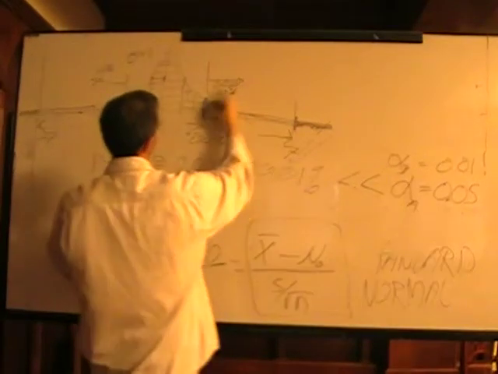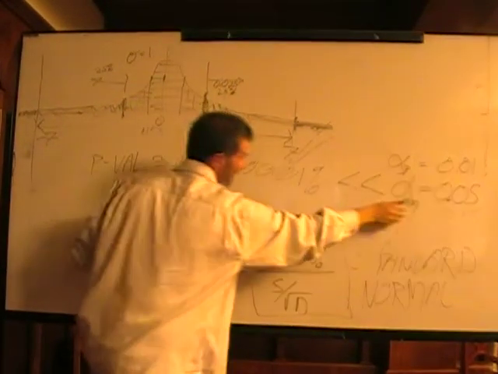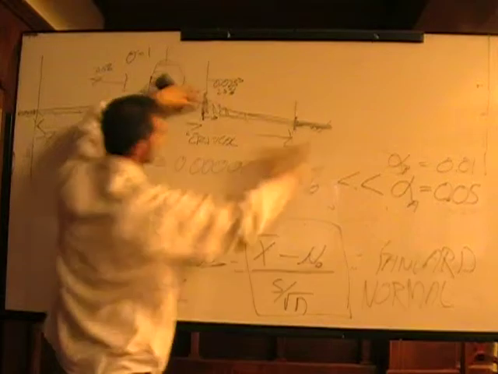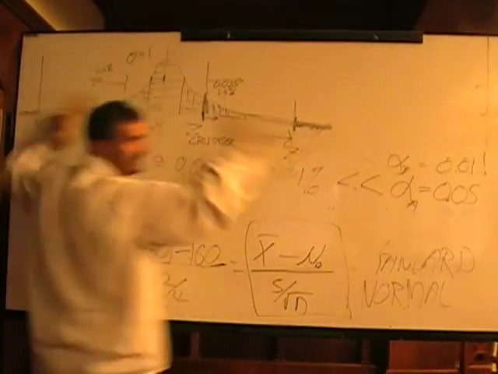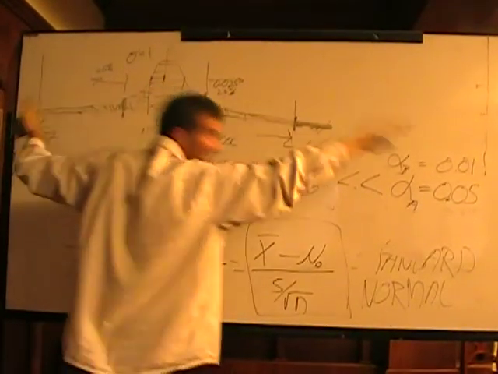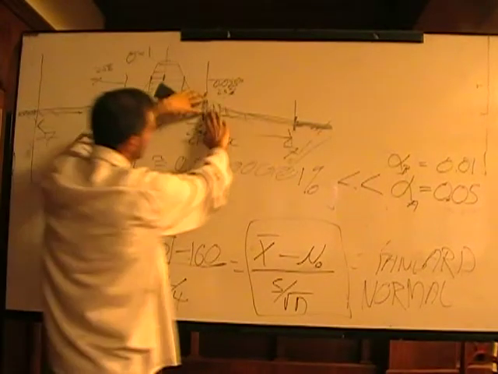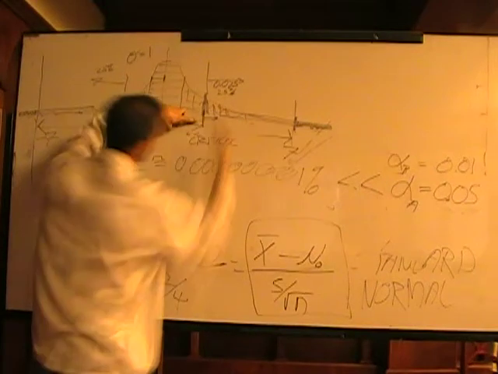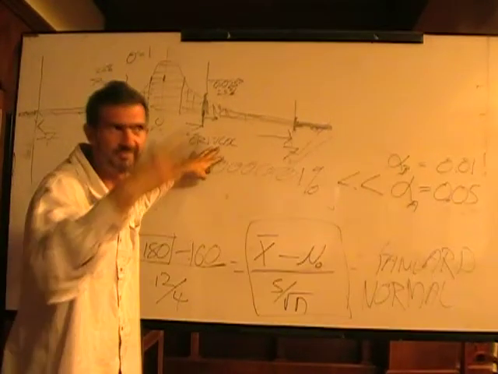And so alpha comes in, we have our alpha. We put the alpha probability at the extreme ends of the distribution, and we call the cutoff point the critical value.